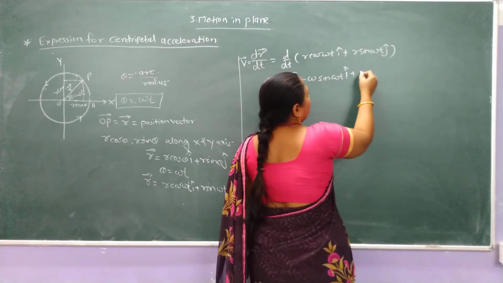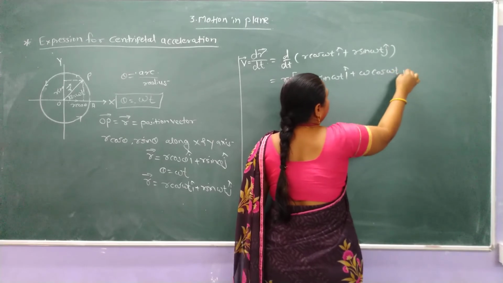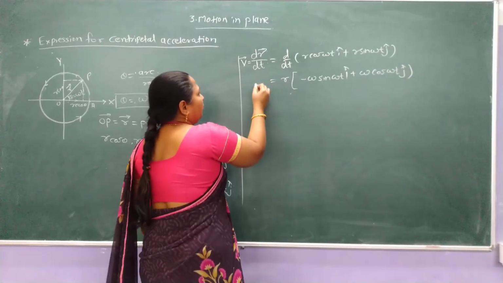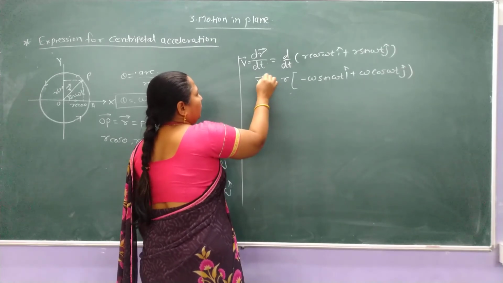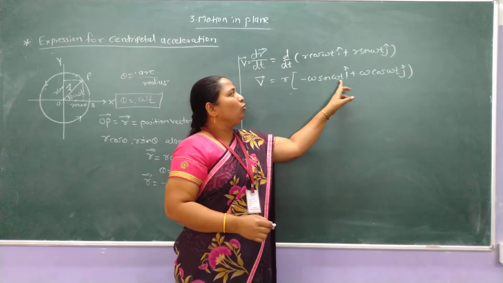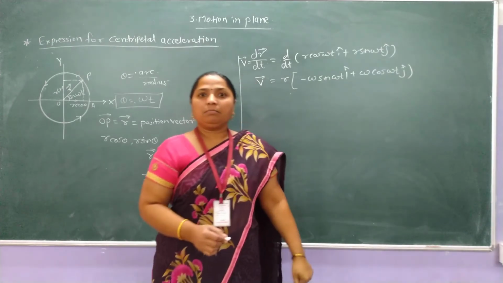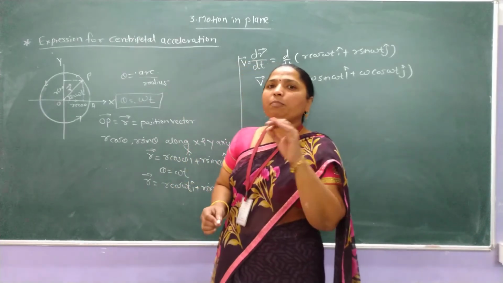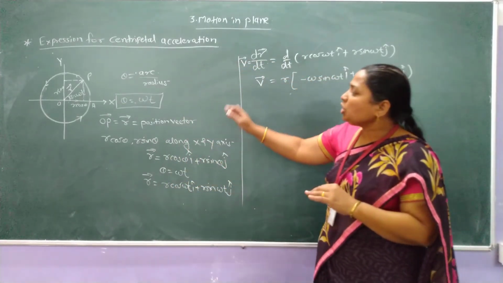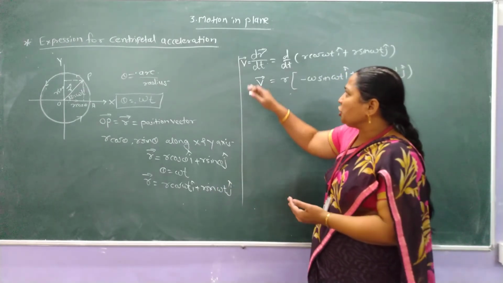Therefore, v vector is equal to r times minus omega sin omega t i vector plus omega cos omega t j vector.